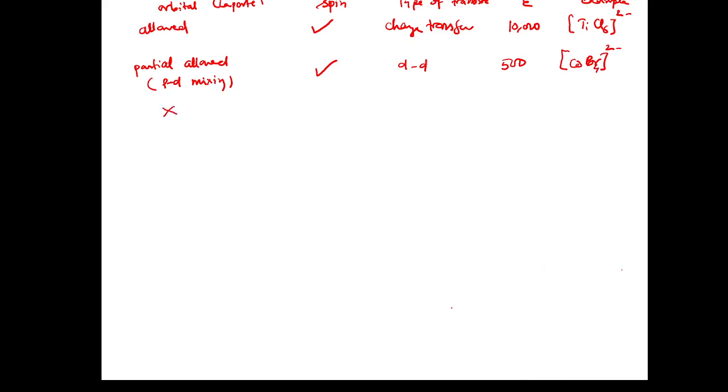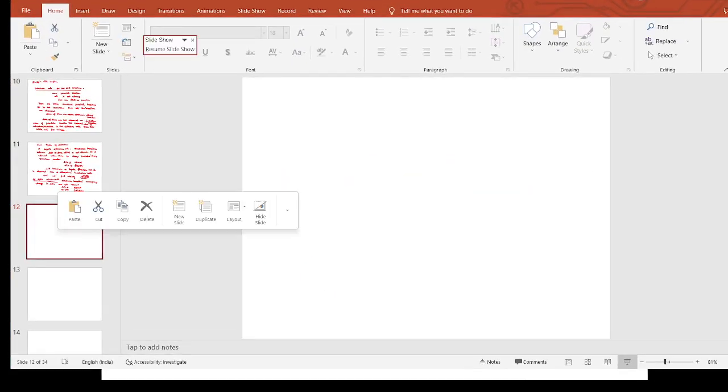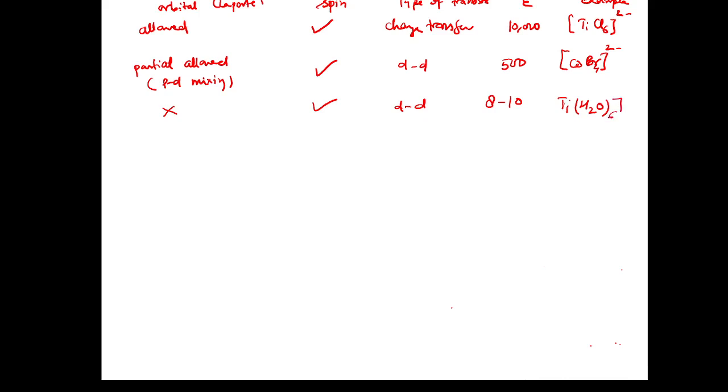Second, suppose Laporte is forbidden and spin is allowed, this again comes in d-d transition, with epsilon 8 to 10. Example is Ti(H2O)6 3+, V(H2O)6 3+. Fourth, suppose spin is partially allowed and Laporte is forbidden, this also comes in d-d transition, with epsilon only 4.